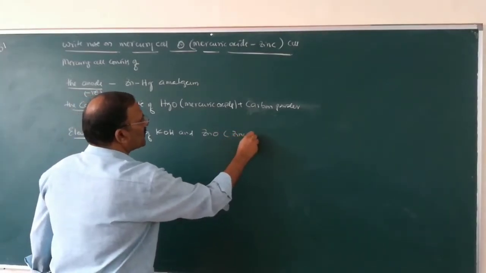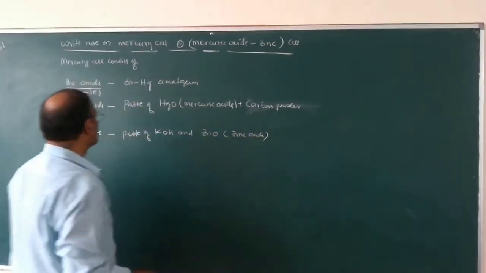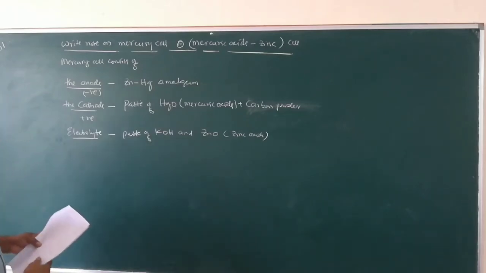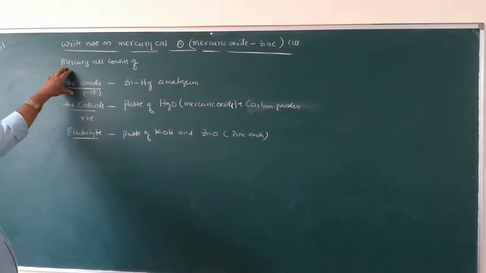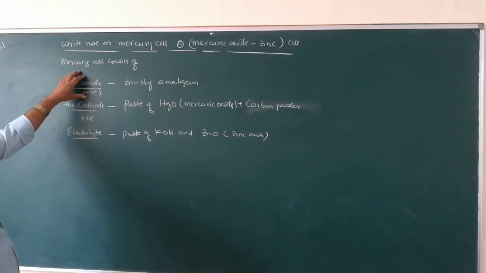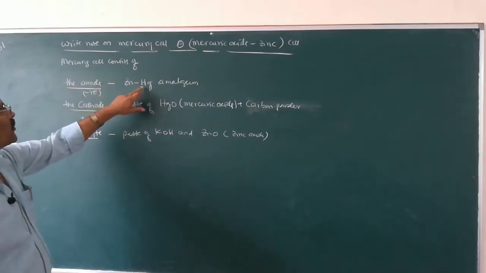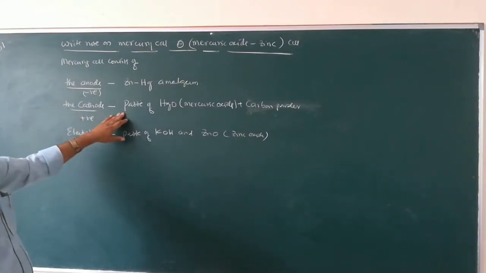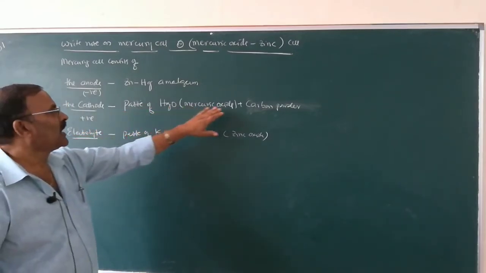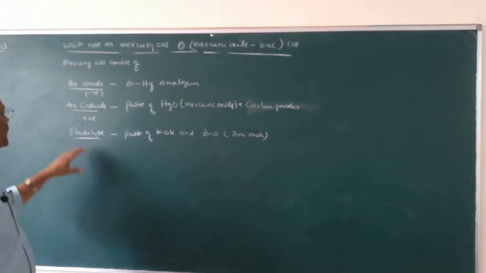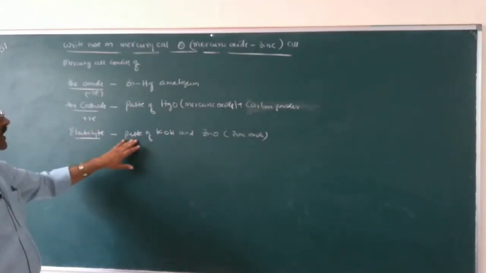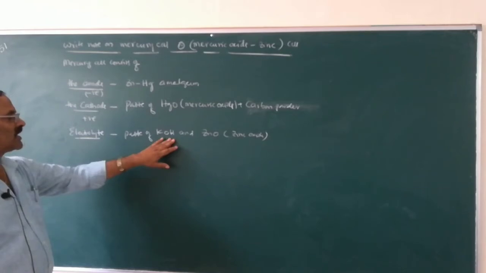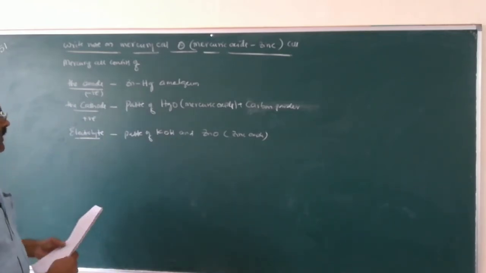So this is the electrolyte. So mercury cell consists of the anode zinc-mercury amalgam, cathode paste of mercuric oxide and carbon powder. Electrolyte is the paste of potassium hydroxide and zinc oxide.